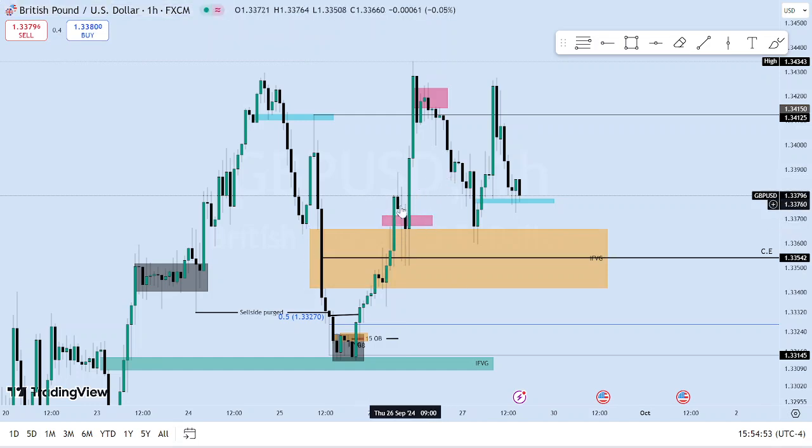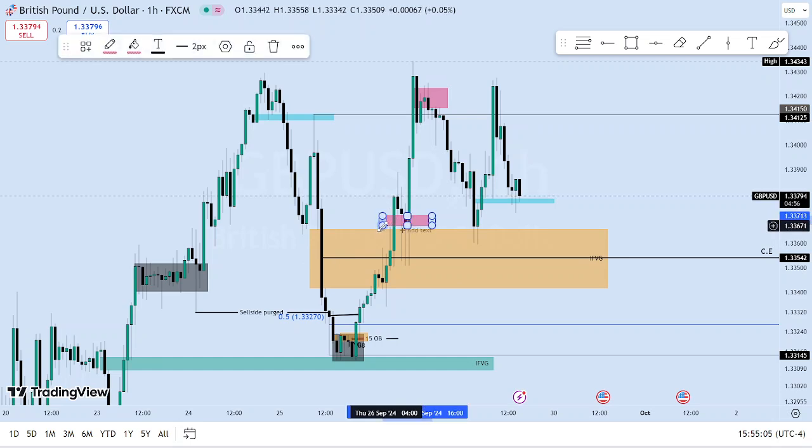If you watch, there is a fair value gap here too. There's a fair value gap here between this candle. After breaking out of the inversion fair value gap, there's another fair value gap here. This is my own, I discovered it in the chart.